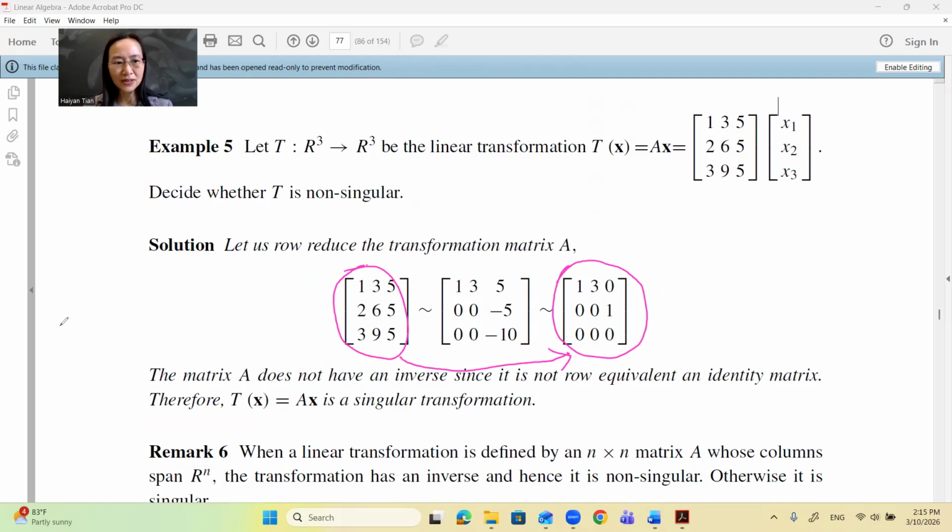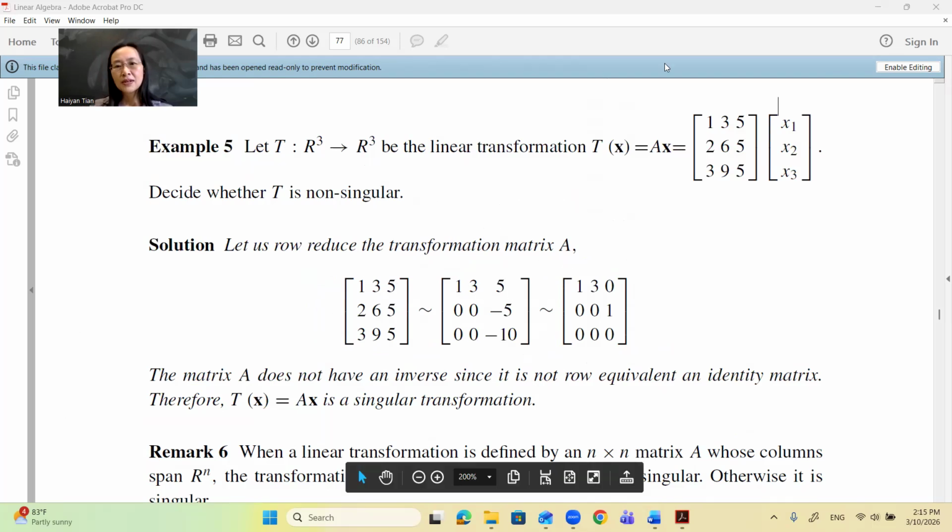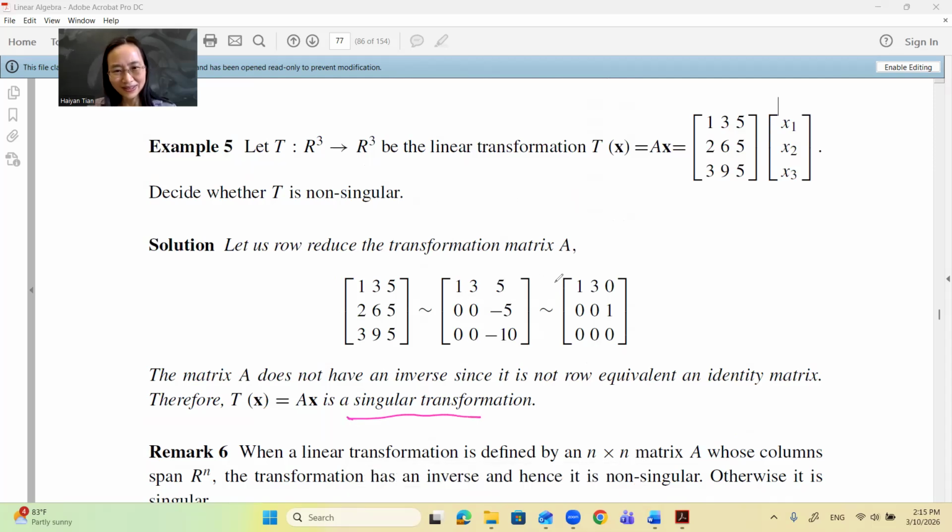Therefore, it is not non-singular, so it is singular. All right, so it's a singular matrix. That means this T does not have an inverse mapping.